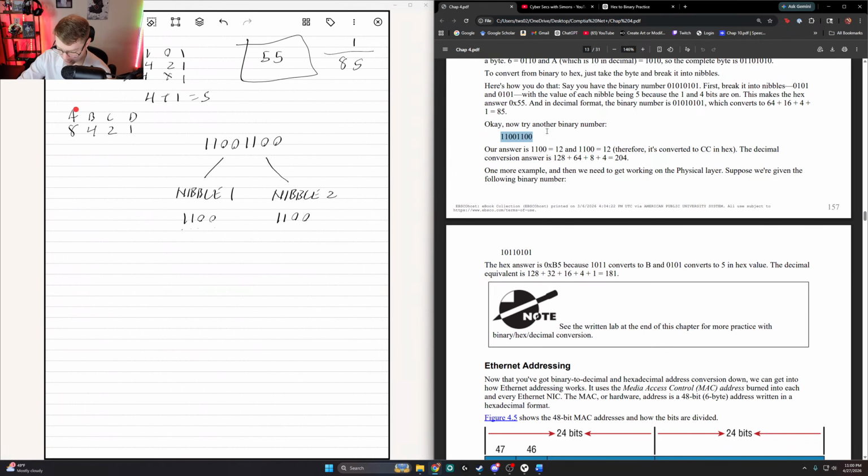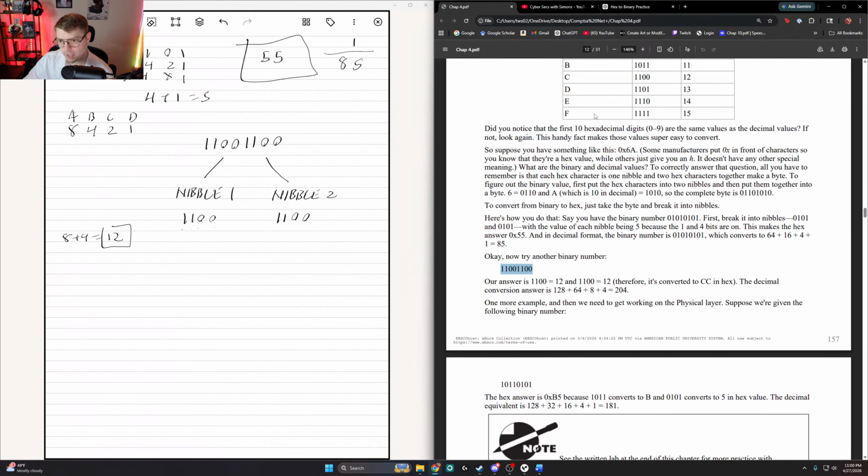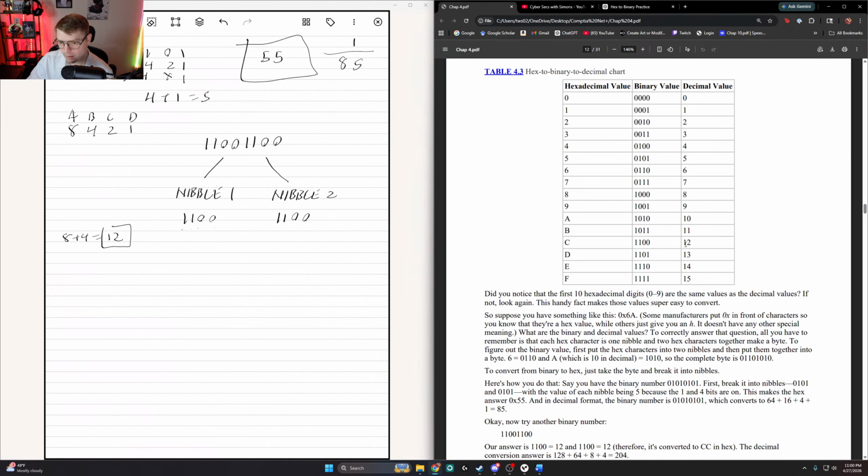We see that the 8 bit is turned on and the 4 bit is turned on. The 2 and 1 are both turned off. And then we'd add 8 plus 4 to get 12. That's our decimal value. But for 12, we're going to represent that with the letter C. And then this one is exactly the same. The values of 8 and 4 are turned on.